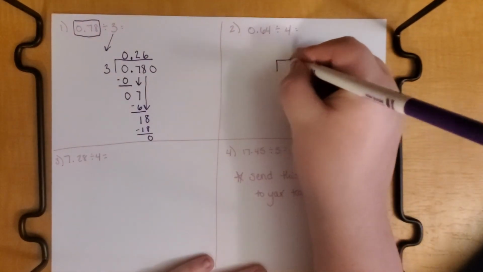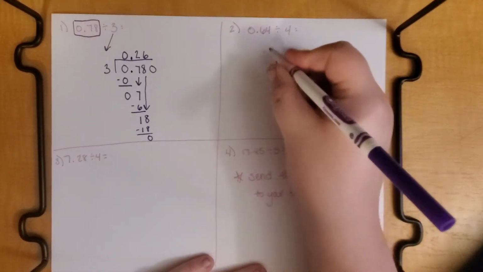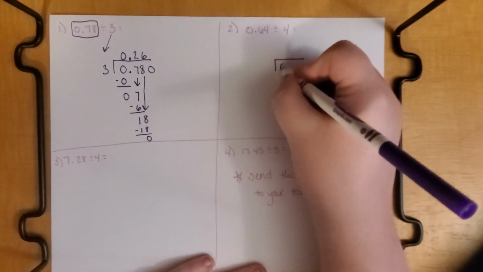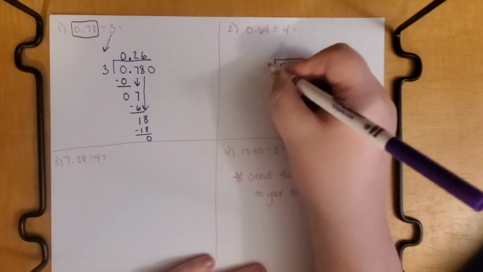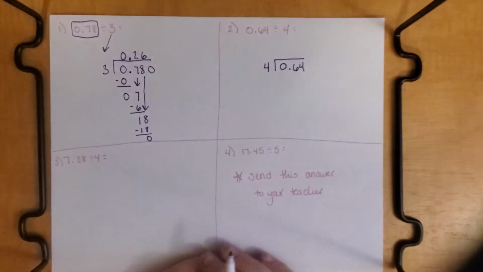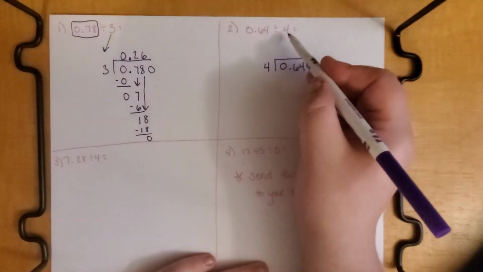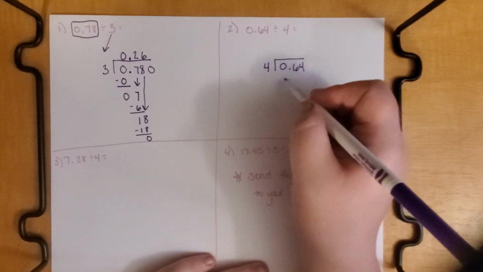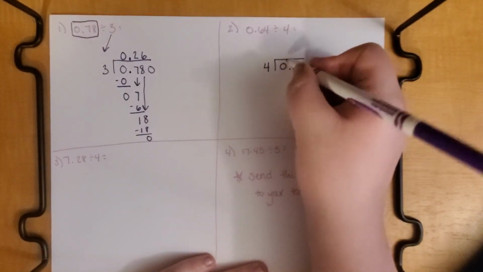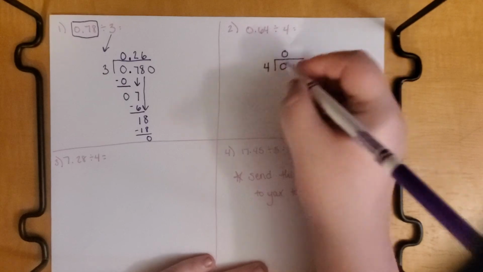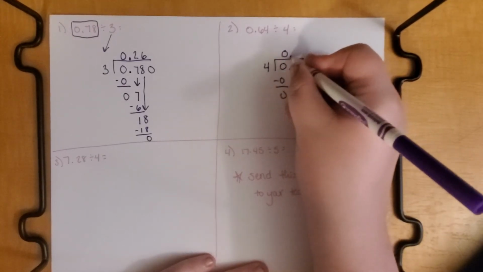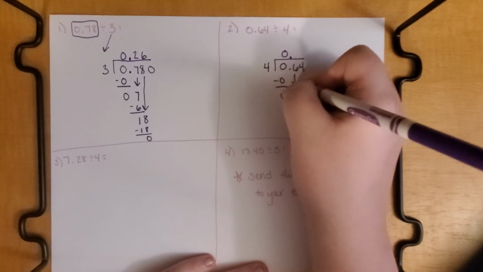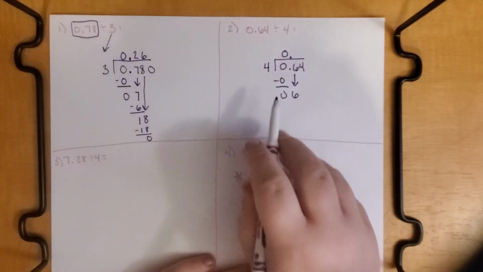Same thing on this problem. It does not matter that this is a decimal or small or anything else. It is written first, making it my dividend, so it goes in my box. My 4 will always go on my outside, or whatever the divisor is, always goes on the outside. After that is just doing the math. I can't split 0 up anyways. So I'll take that, move up my decimal point. Now I'm going into 6.